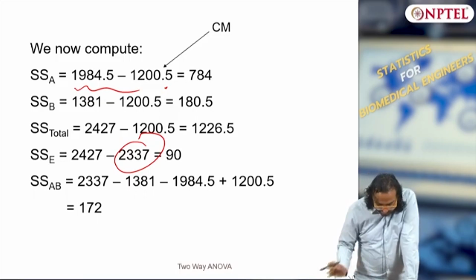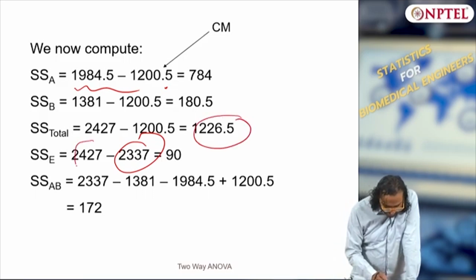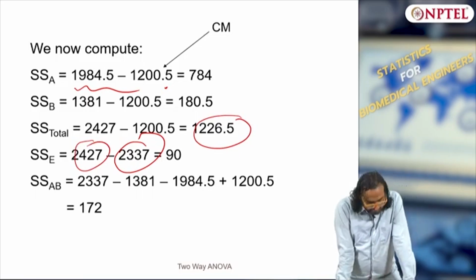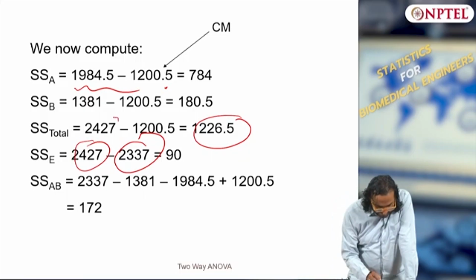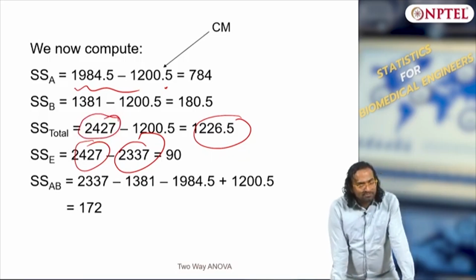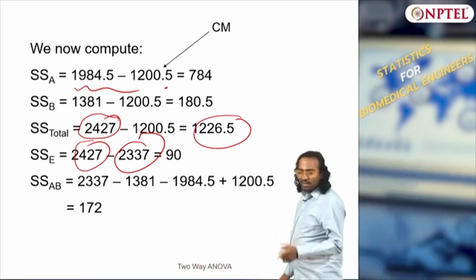SSA, SSB, see total itself is only 1226.5. How did I get this one as 2427? What is this 2427? Go check it out, okay. I cannot spoon feed everything.